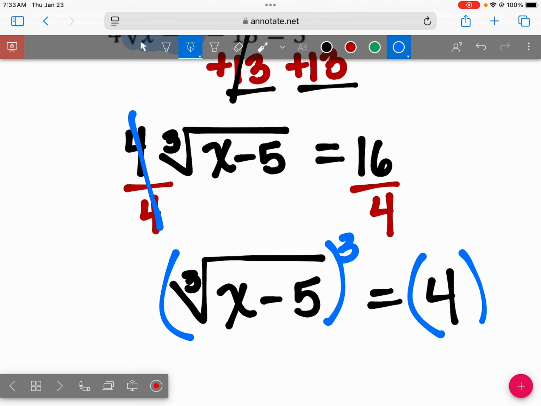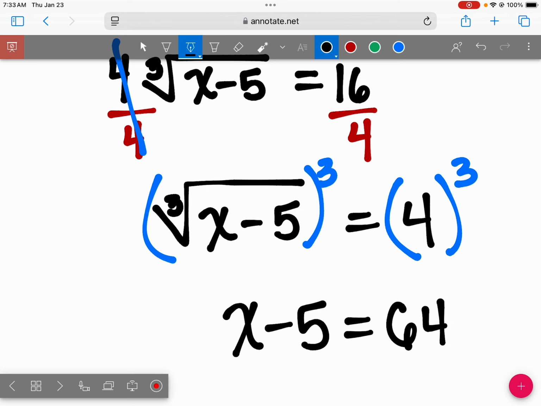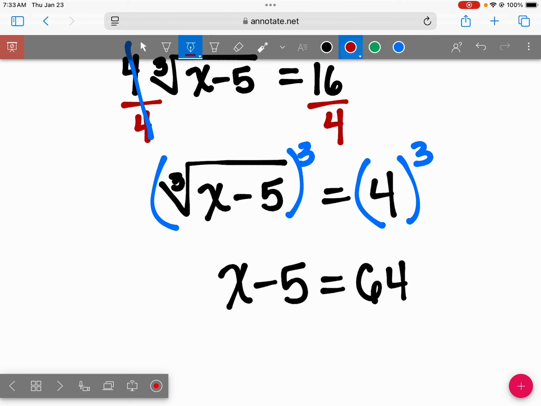And I think we did this on the last one. So we got 4 times 4 times 4. And what's 4 times 4 times 4? 64. And then we would just add the 5.